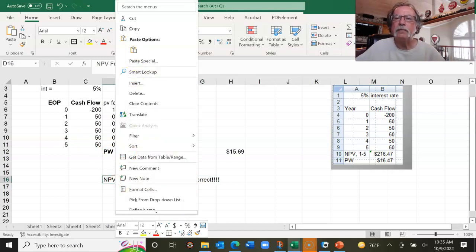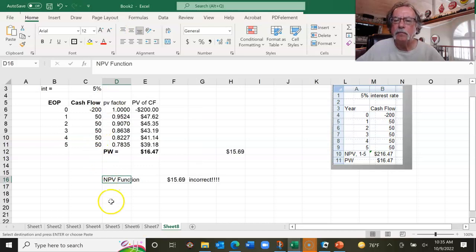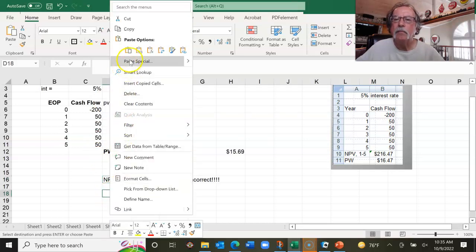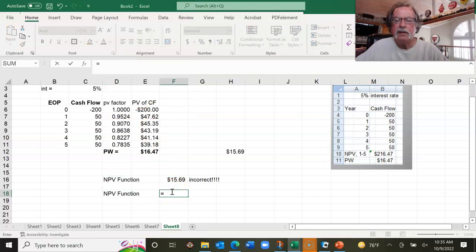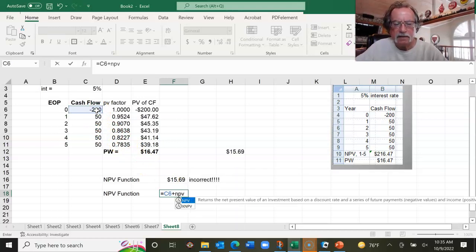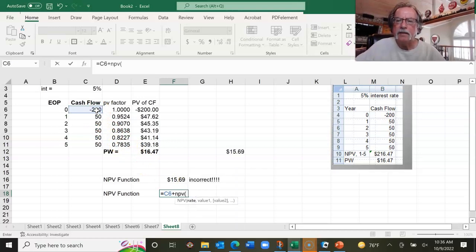What you want to do is you want to take this plus NPV at 5% of these cash flows.